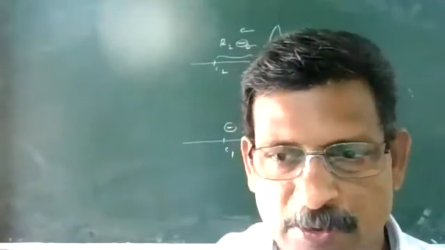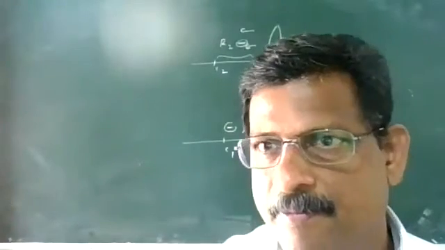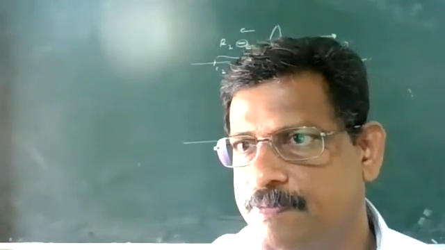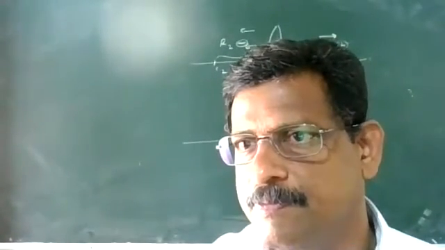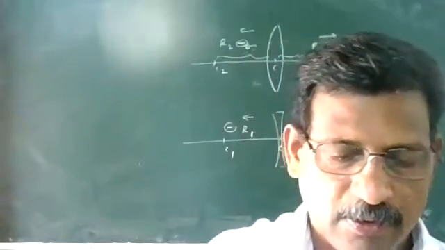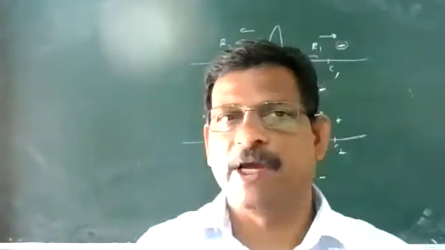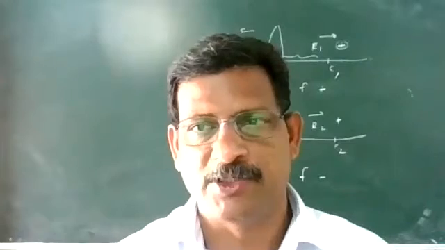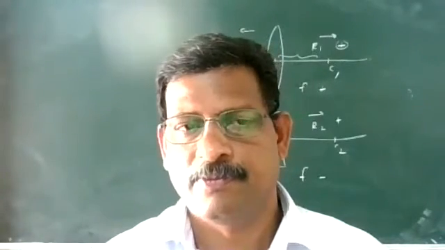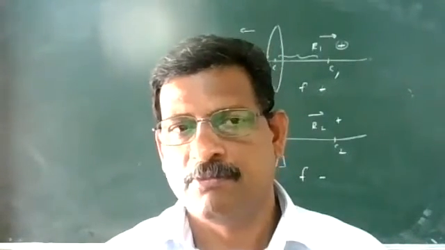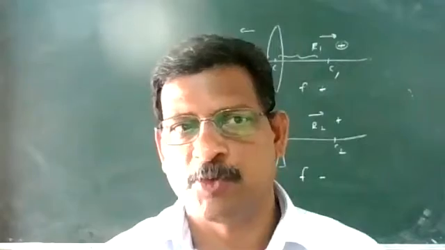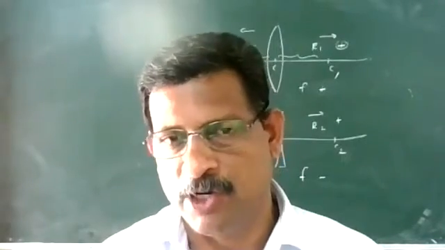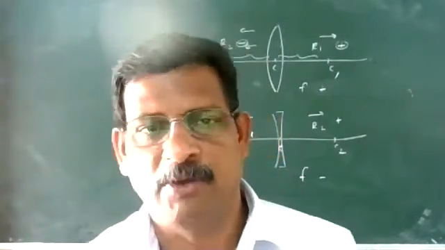This was a board question of 3 marks. Focal length, same equation to be used: 1/f = (n - 1)(1/R1 - 1/R2) in air. We are given the value 15 centimeter. If it is in water, what is the refractive index of the lens with respect to the surrounding medium? You have to calculate in the medium, simplify and tell me what would be its value.